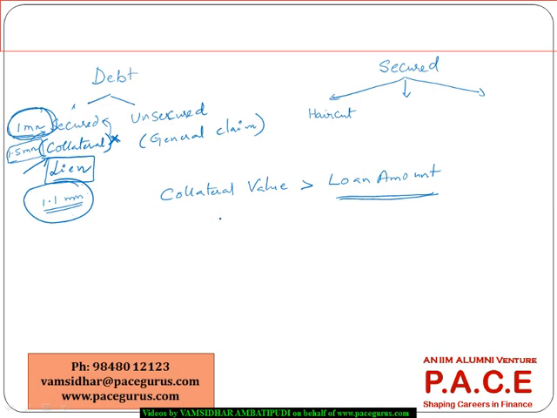When they are looking at 1.1 million worth of collateral, they are lending only 1 million, which means around 10% has been put as the haircut. They have reduced the value of the collateral by 10% to make sure that whatever they are lending is not the full amount, and even if the collateral falls in value by another 10%, they are not going to lose on the loan they have given.